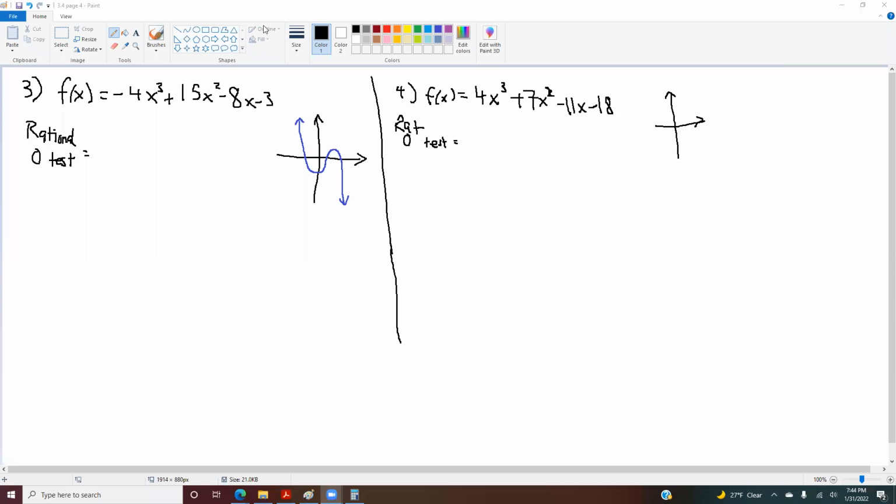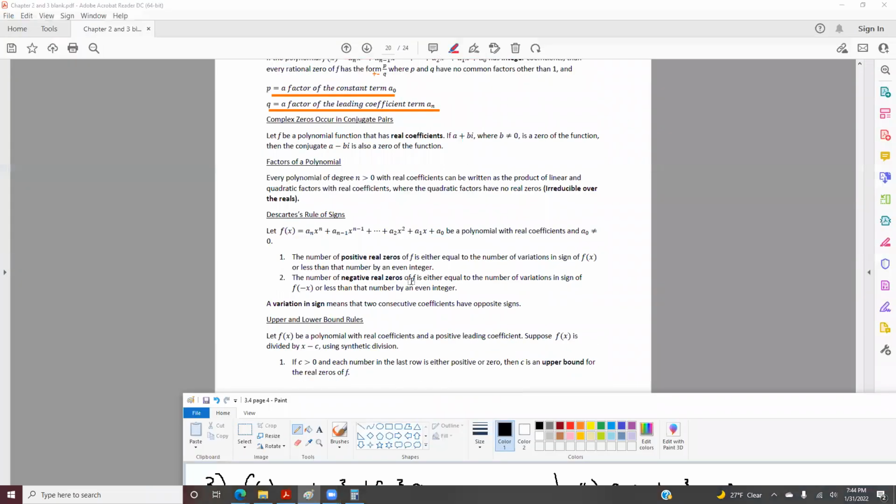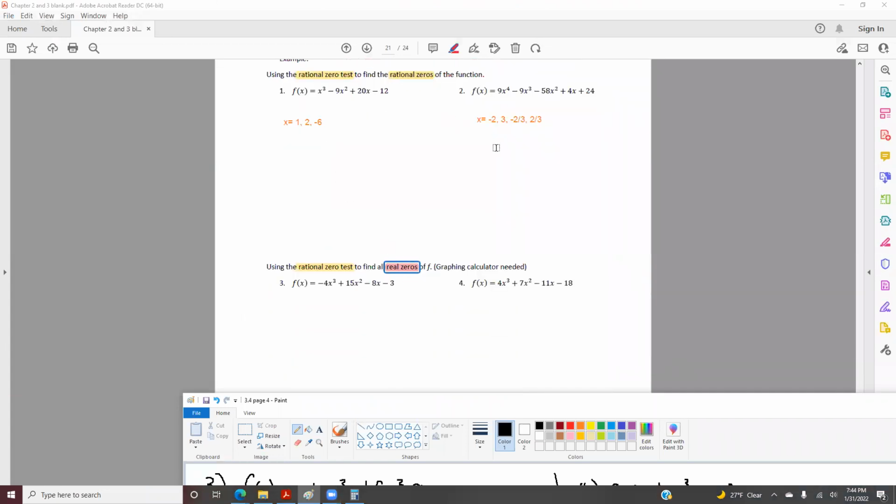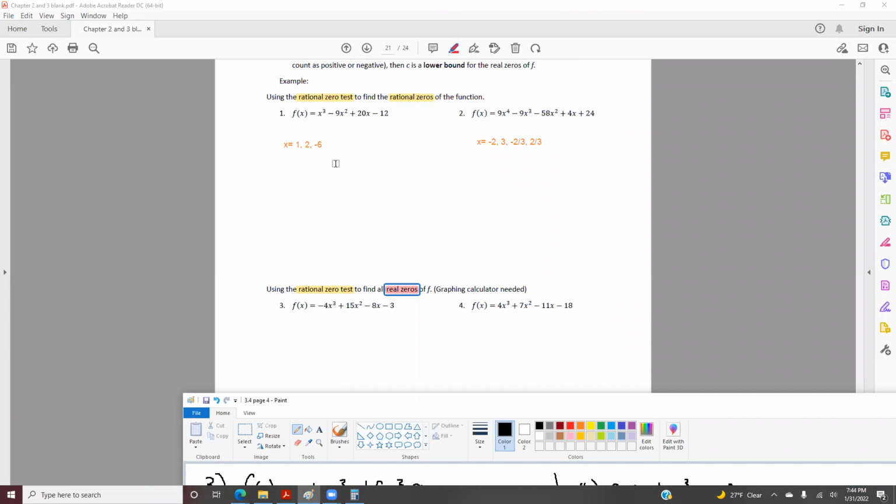So, we will continue with question 3 and question 4. The difference between questions 1, 2, and questions 3, 4 is kind of similar. So if you look at the questions here, they still want you to use the rational zero test, but in questions 1, 2, the zeros are rational zeros. But in questions 3, 4, they want you to find all the real zeros.